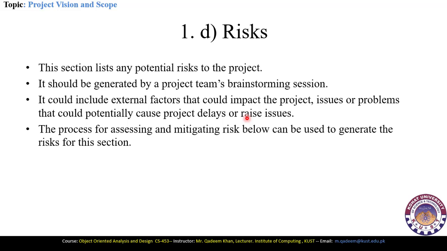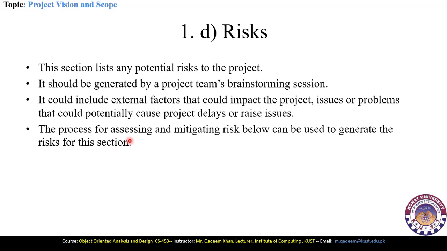For example, if the project is delayed for certain reasons, that will affect the project budget. Or if the potential components are not available at the right time, the project can also be delayed.